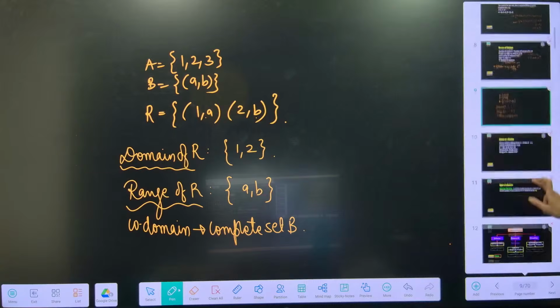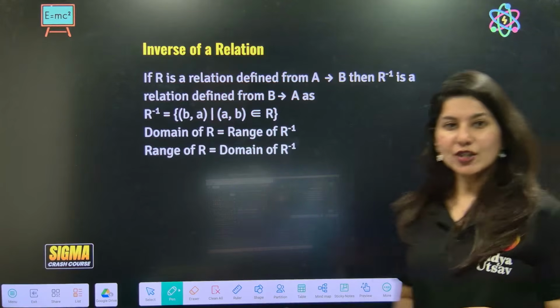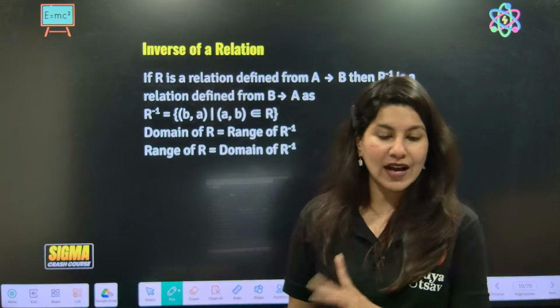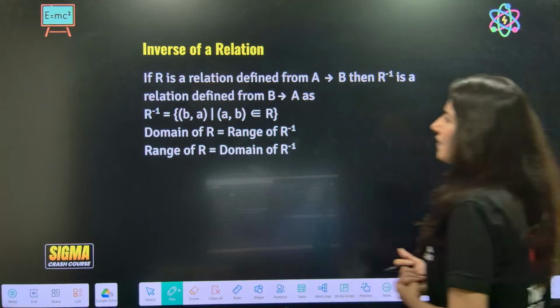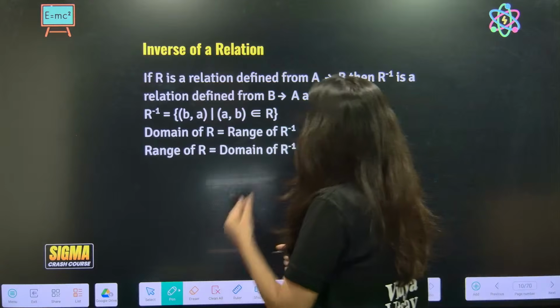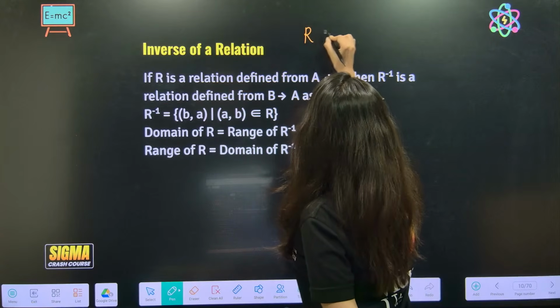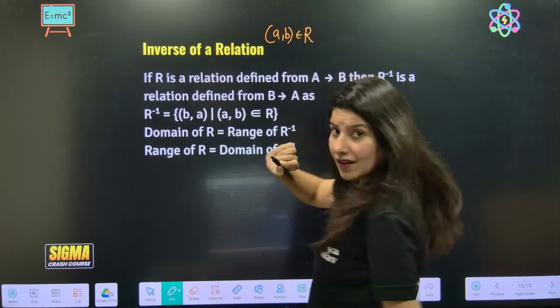One more definition, let's understand this, which is the inverse of a relation. So many PYQs and questions are coming your way after this slide, so be ready. The inverse of a relation is very easy. Suppose your relation R has one ordered pair (A, B).